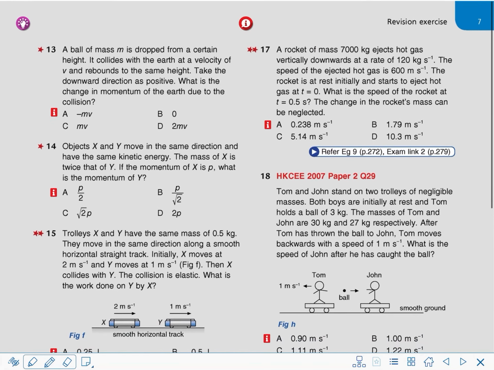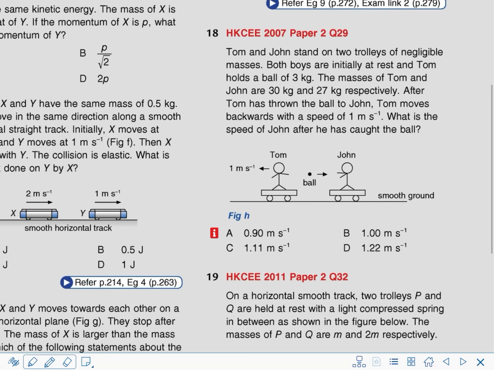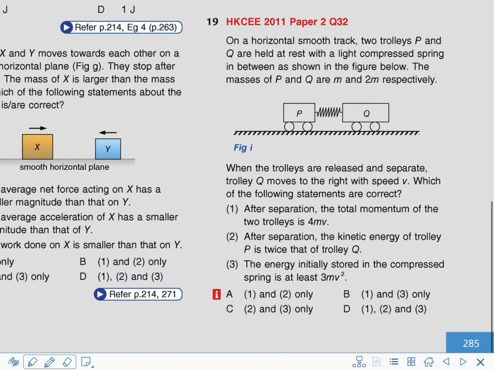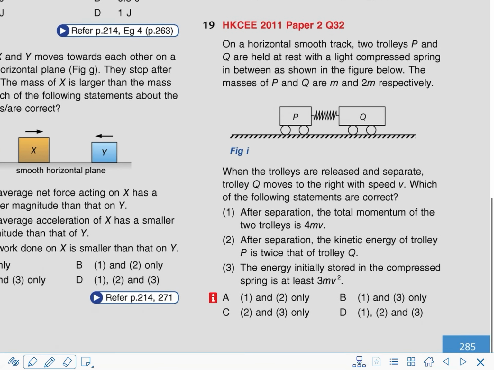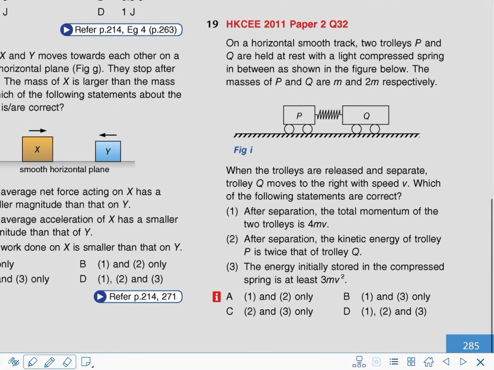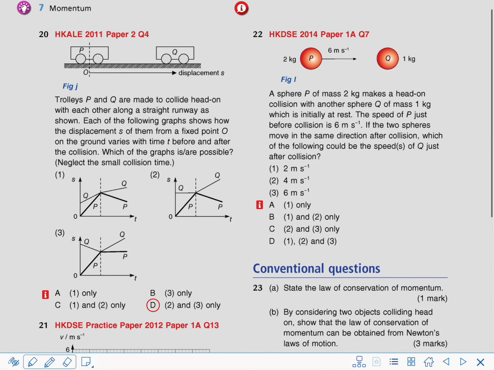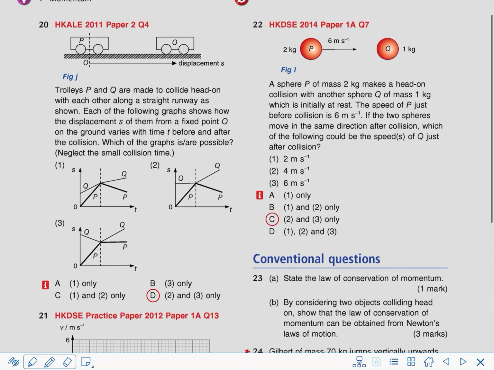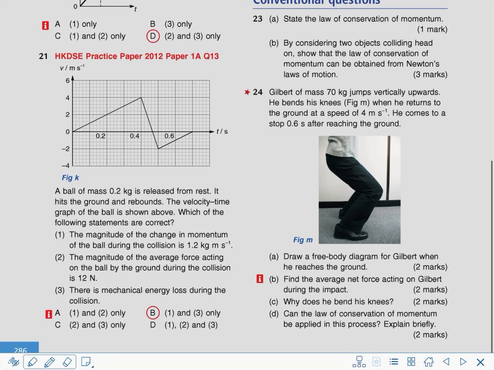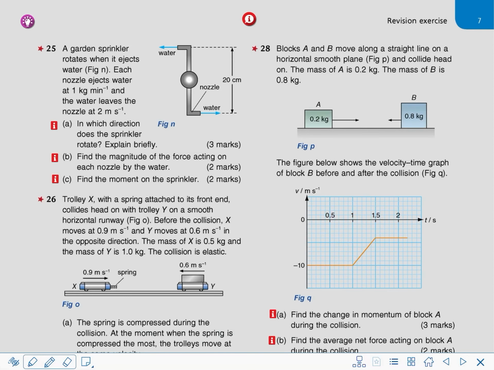Maybe you can try these questions. I would think the past paper questions are quite important, so you must try questions 18, 19. For the answers, 18 will be B, 19 C. And also try question 20, conservation of momentum, 21, 22.